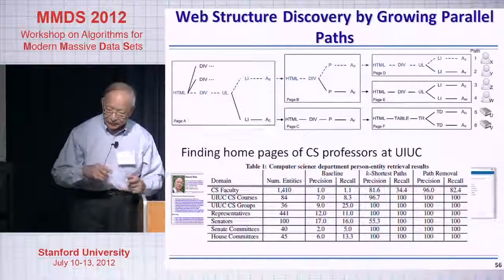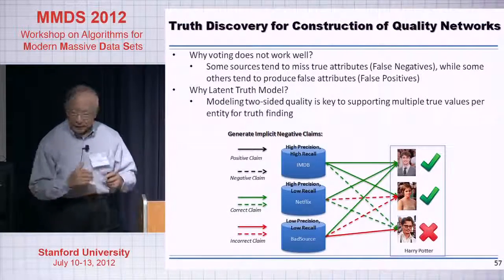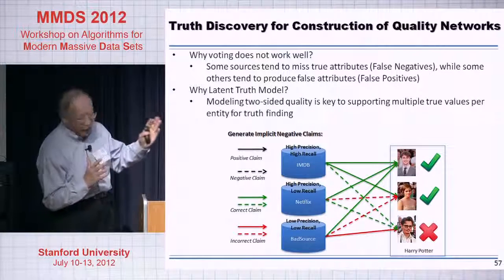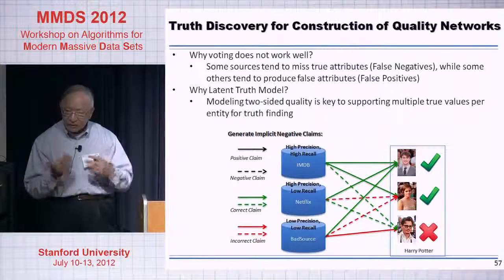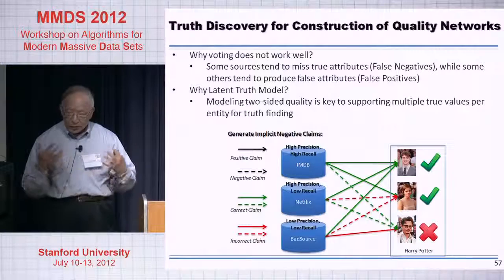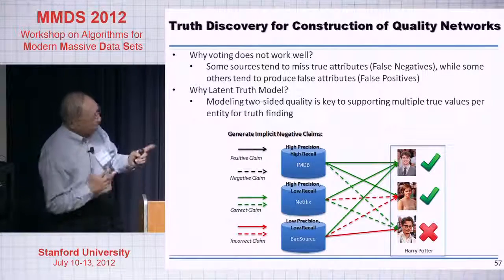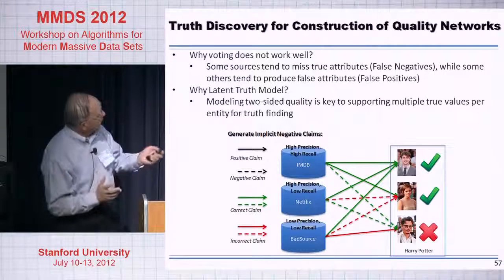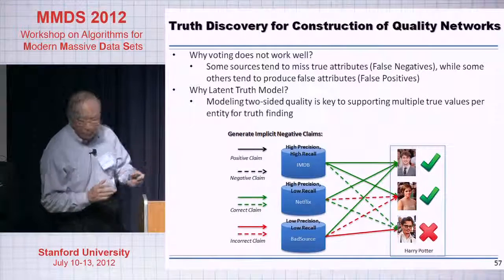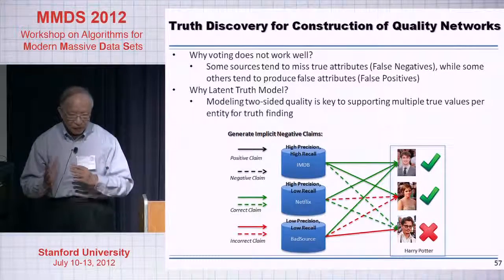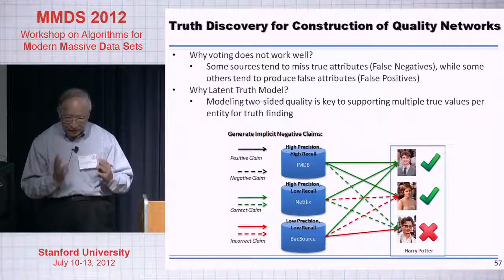Another interesting thing is that in real web or real data sets, there is lots of noise. Once you get conflicting information, which one is true? Using the network model, you can model not only the positives but also the false negatives in a nice way.